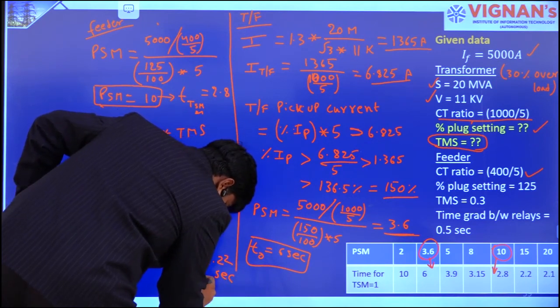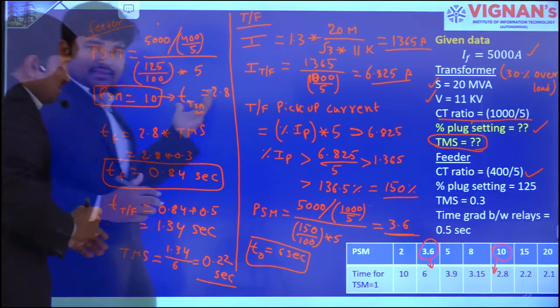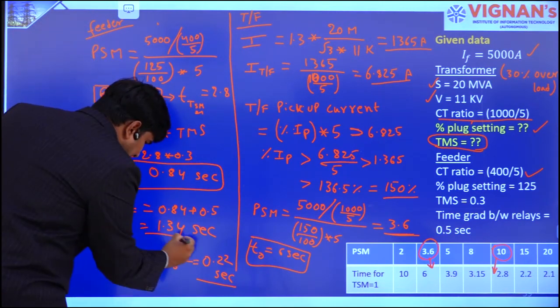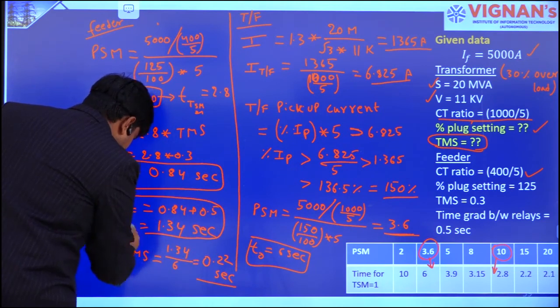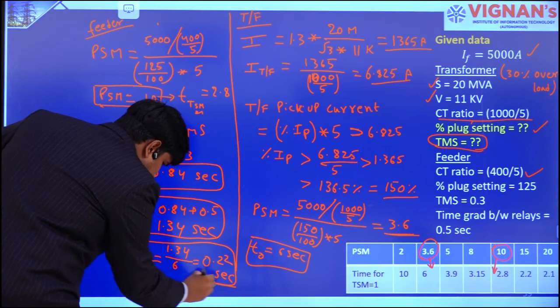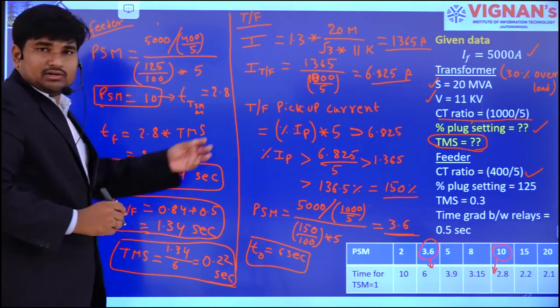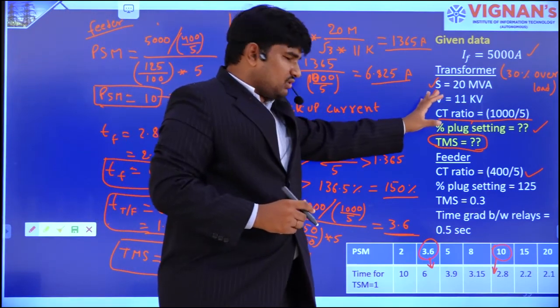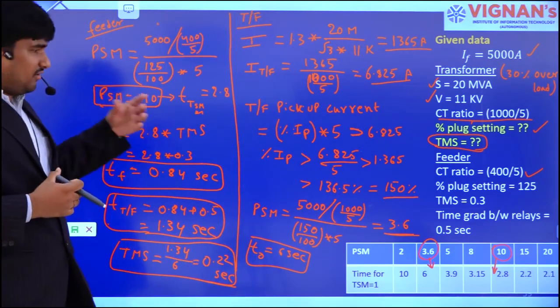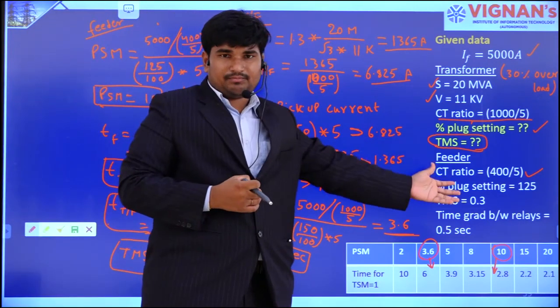So this is the TMS value of the transformer relay. These are the calculations which we need to do in this problem.